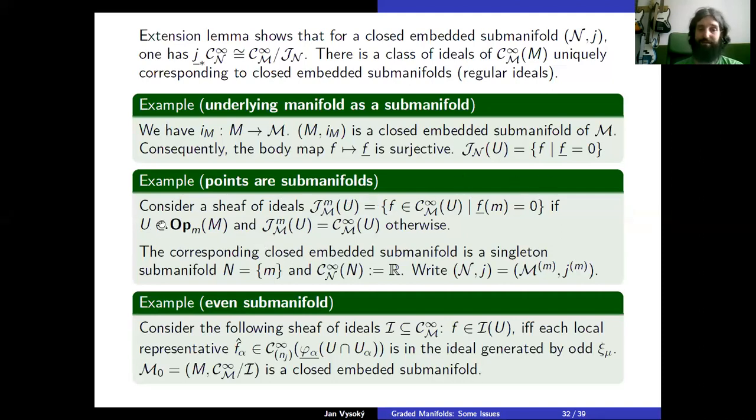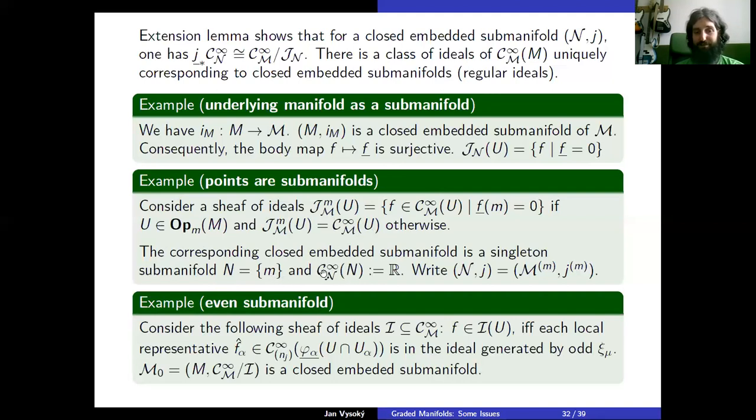And if U doesn't contain M, I declare it to be all functions on U. And this is a sheaf of ideals, and it's a regular ideal. Therefore, it corresponds to some closed embedded submanifold. And in fact, the corresponding closed embedded submanifold is a singleton submanifold. So it's a submanifold whose underlying manifold consists of just the point M.